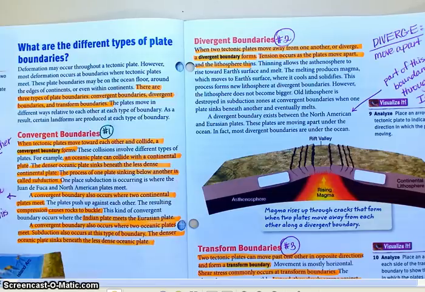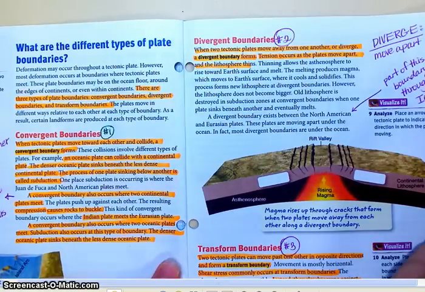The melting produces magma, which moves to the Earth's surface where it cools and solidifies. This process forms new lithosphere at divergent boundaries. However, the lithosphere does not become bigger. Old lithosphere is being destroyed in subduction zones at convergent boundaries when one plate sinks beneath another and eventually melts.